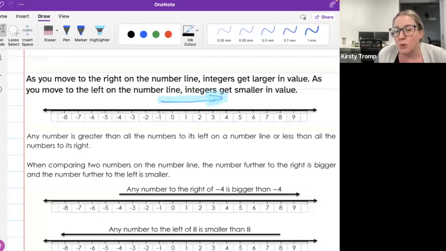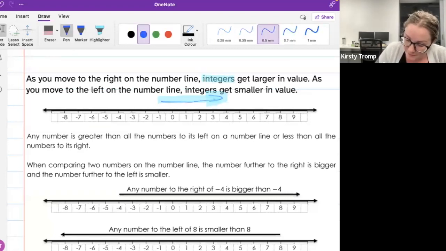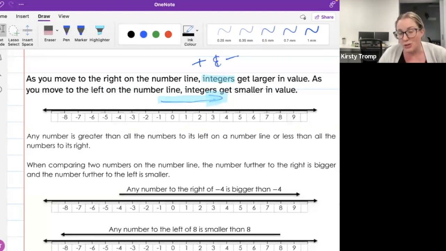Now, why am I using the word integers today and not just the word numbers? Because remember, integers can be both positive and negative. So that's why I'm using the word integers and not just numbers today.